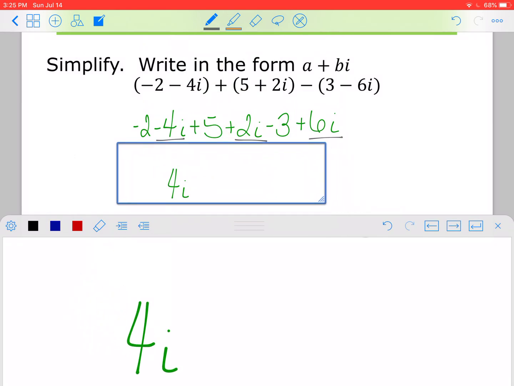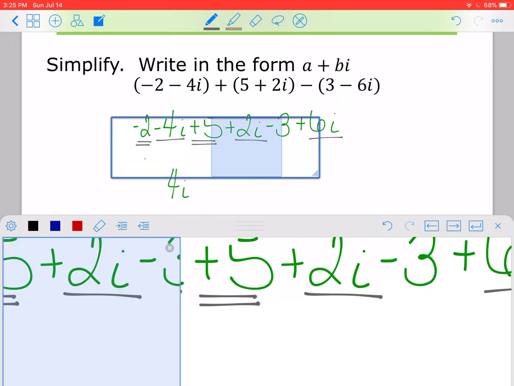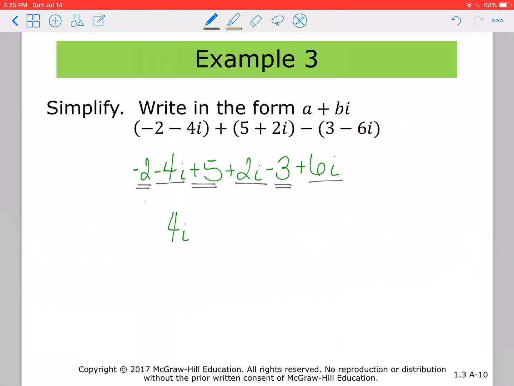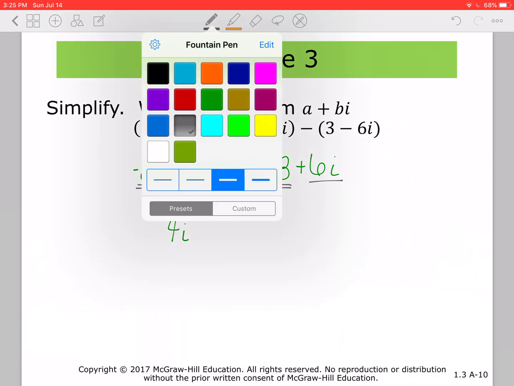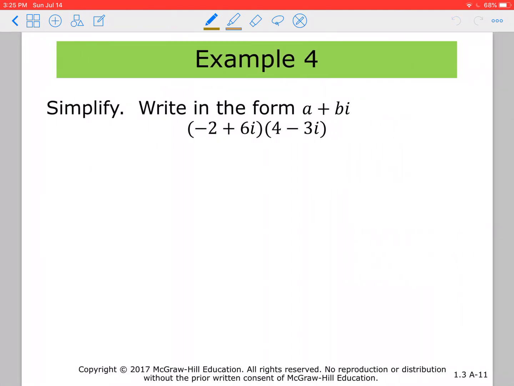Moving on to example 4. We're going to multiply complex numbers. Well, we're going to foil this just like we would any binomial. So first would be negative 2 times 4. That gives us negative 8.